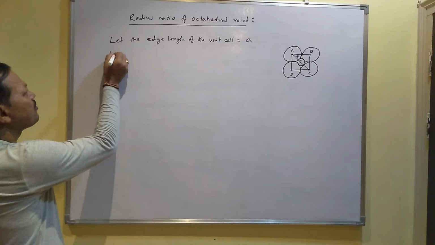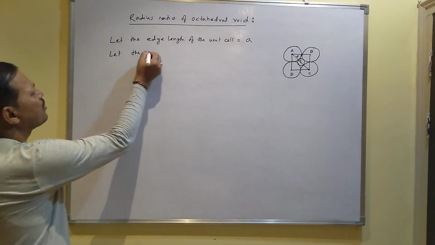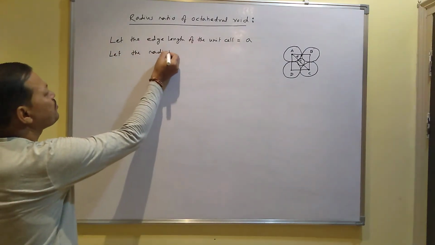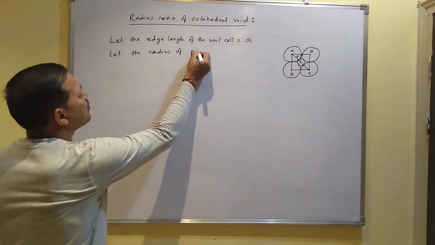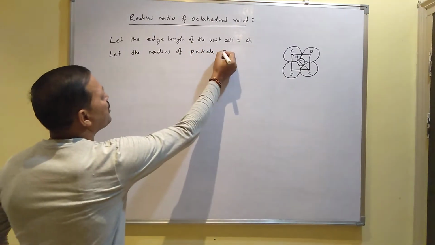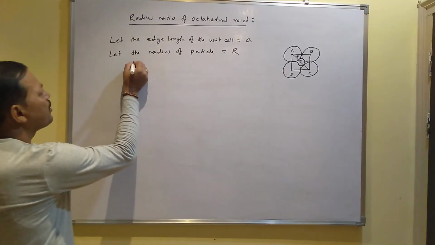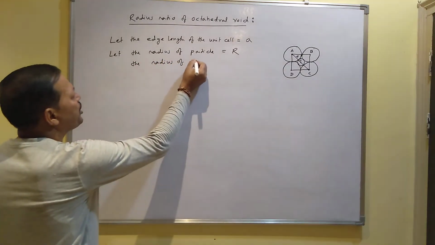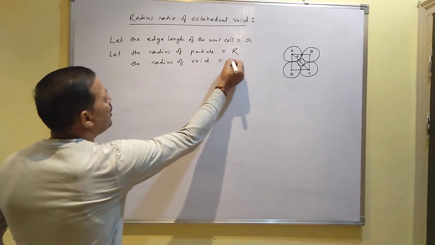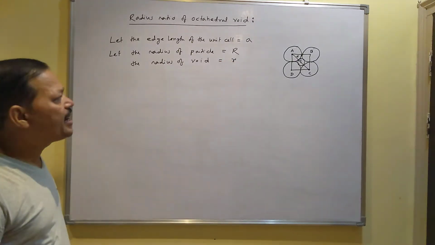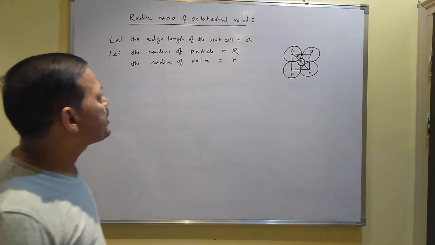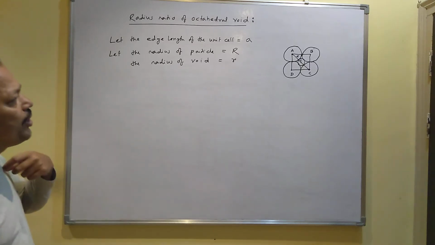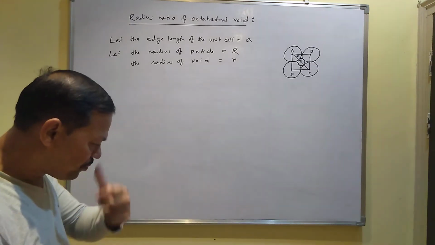And let the radius of particle be capital R and the radius of void be small r. Just to consider edge length as A, radius of particle as capital R and radius of void as small r.